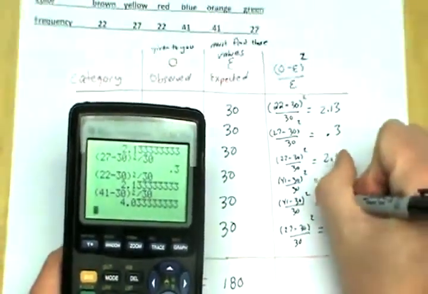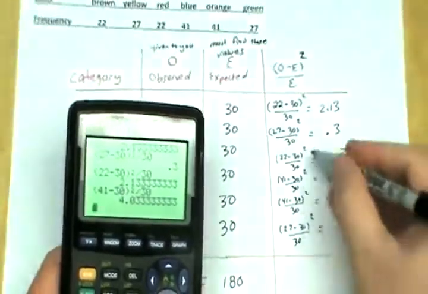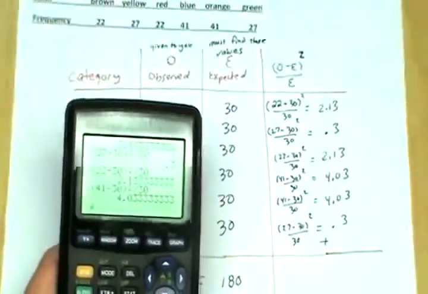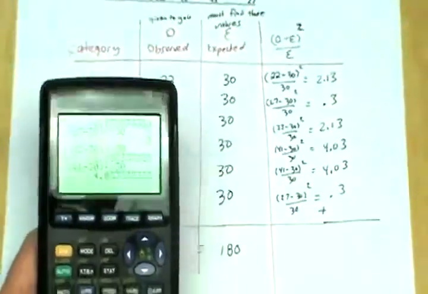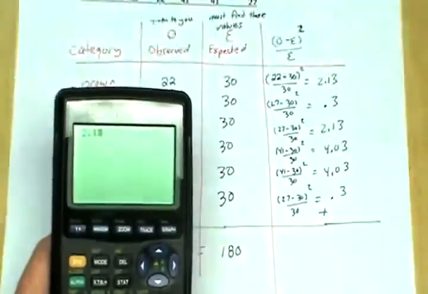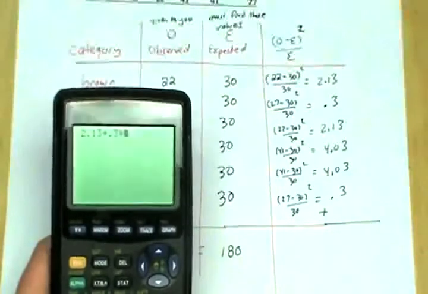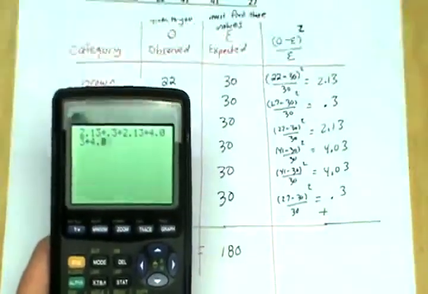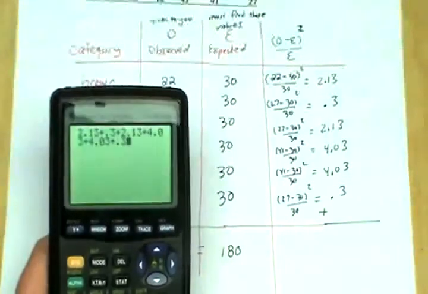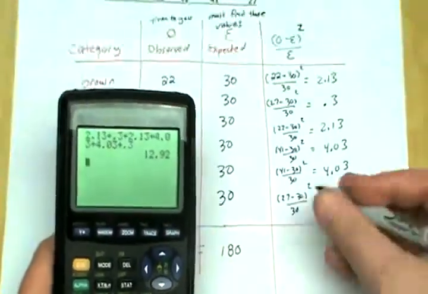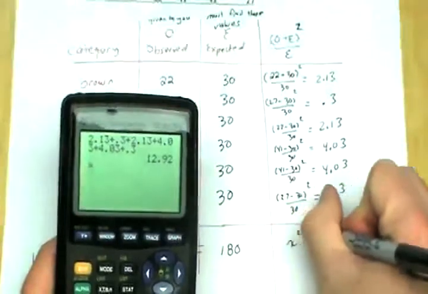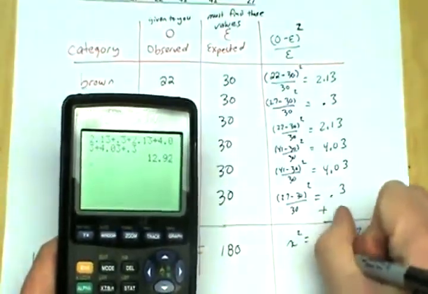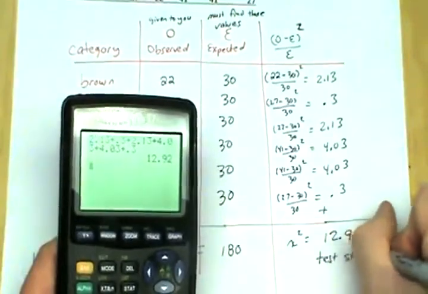This one's the same, it's also 4.03. And we already did the 27 earlier. That's 0.3. Then you add all of these values up. So we're going to take 2.13, add 0.3, add 2.13, add 4.03, and another 4.03, and then finally another 0.3. We're getting back a chi-square total value of 12.92, and this is our test statistic.